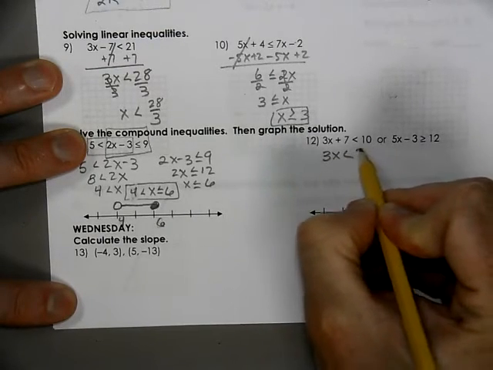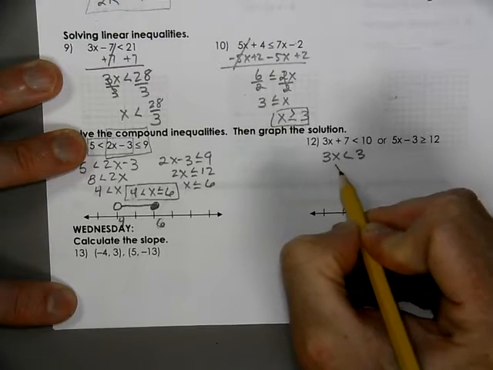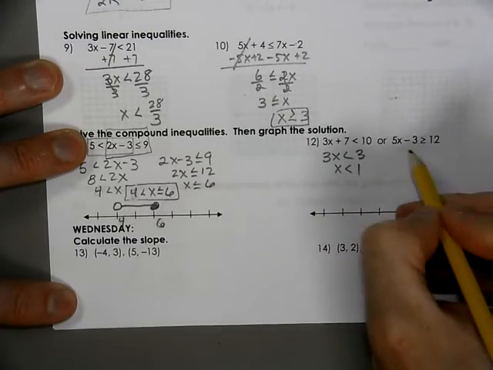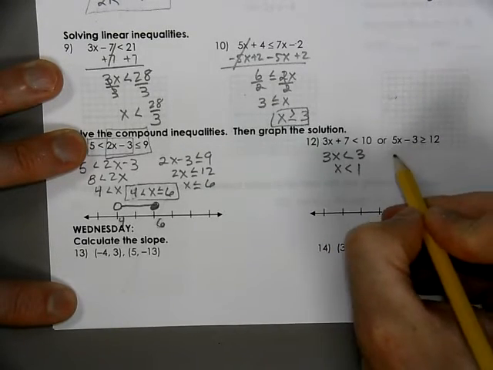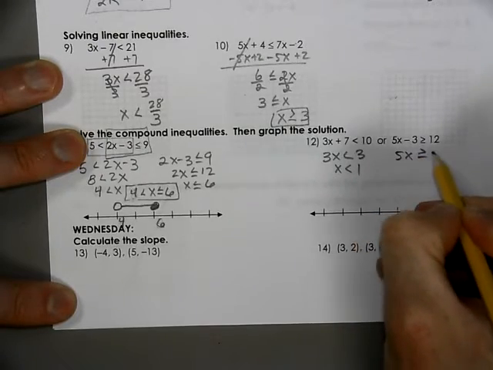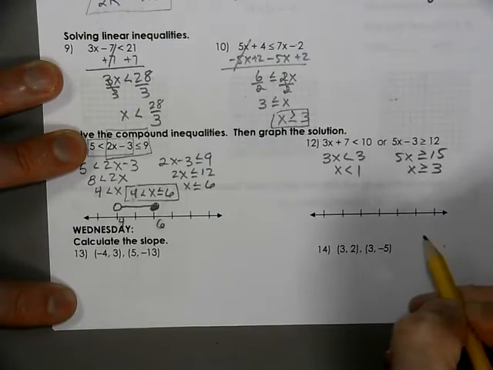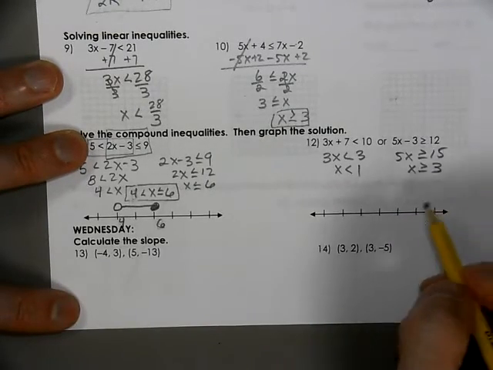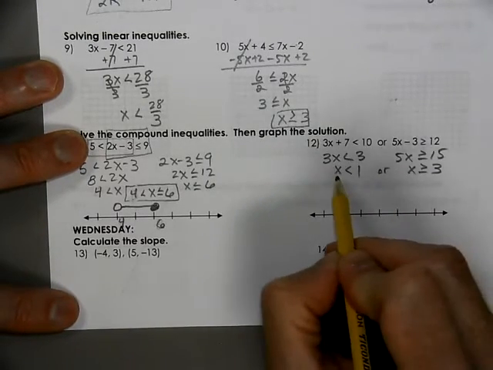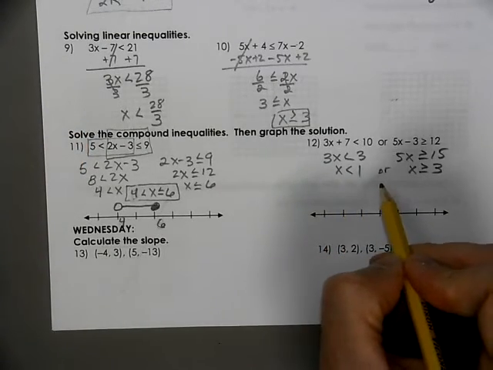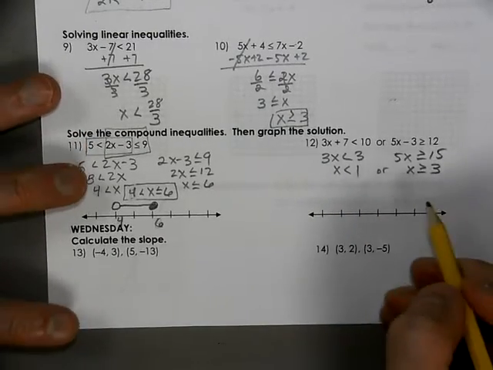Subtract 7. Divide by 3. Add 3. Divide by 5. This is still x is less than 1 or x is greater than or equal to 3.